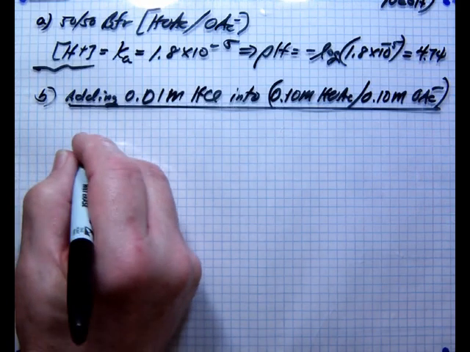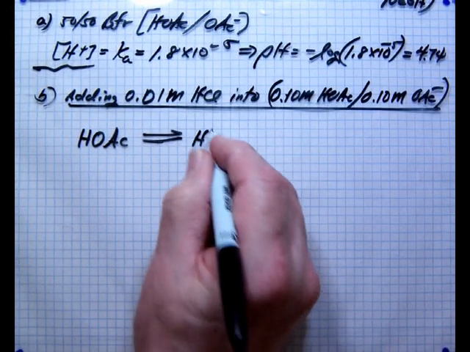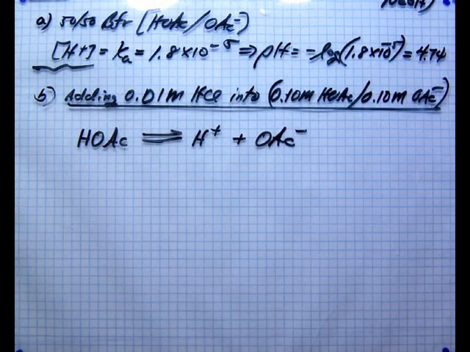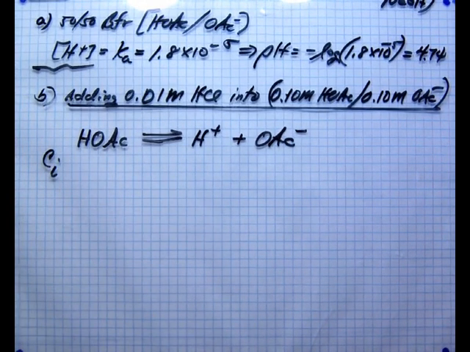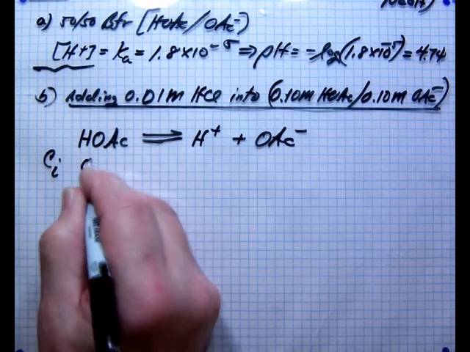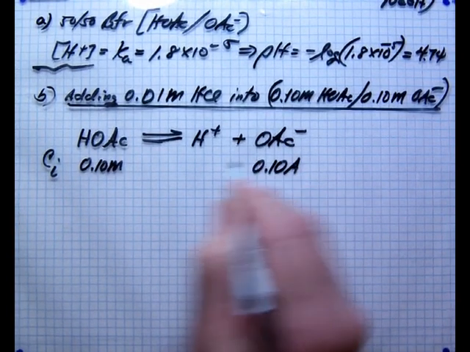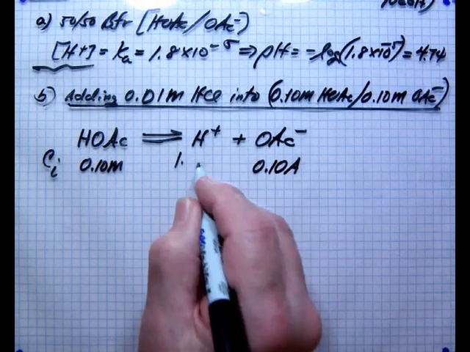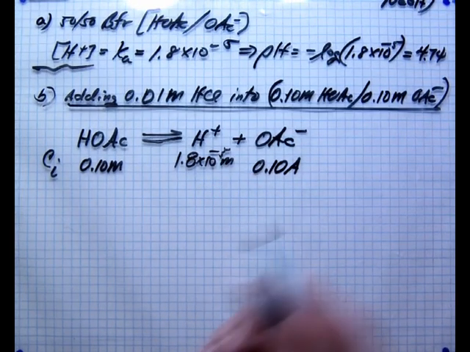To see this, we'll start with the equilibrium of the weak acid right here, and establish in our minds that the initial condition is a 50-50 buffer, meaning it has equal concentrations of acid and conjugate base, and has equilibrated to provide a hydronium ion concentration equal to Ka, in this case 10 to the minus 5 molar.